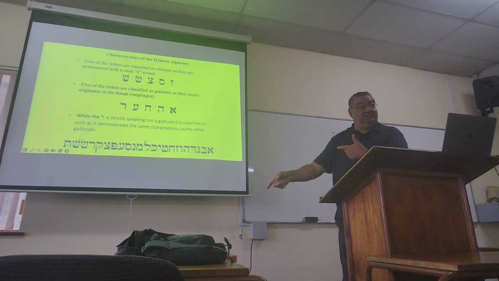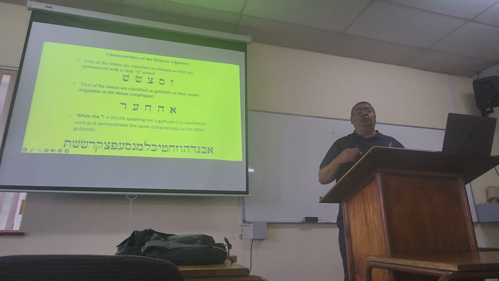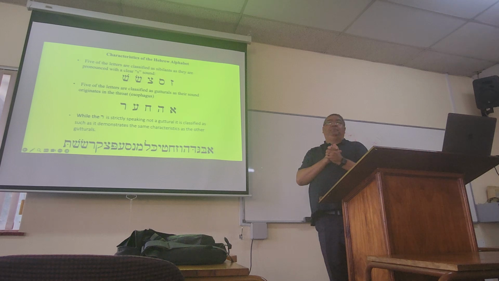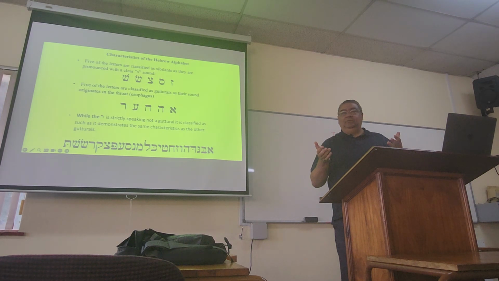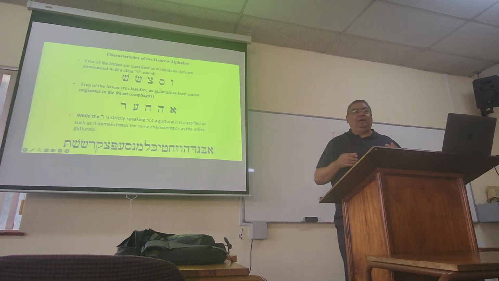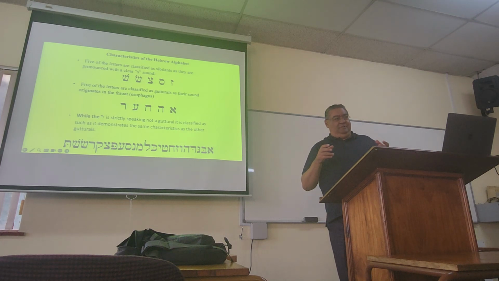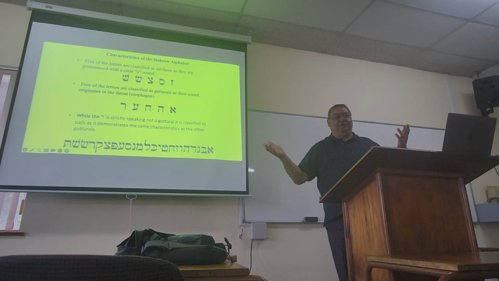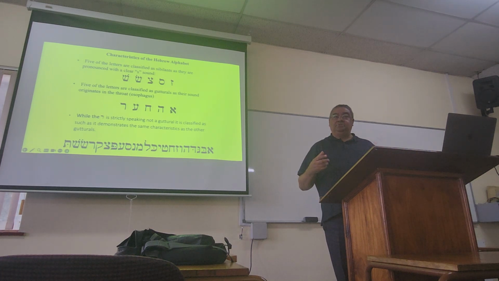In the second semester, you are going to see, when we are learning verb patterns, how the characteristics of certain sounds and letters, when you combine them with other letters, cause changes to happen. So let me give you an example of this. You will remember in Greek, like what happens in English, you can take 2 vowels and put them together and they create a new sound. They're called diphthongs. So you can take an O and an O and put them together, it becomes oo.